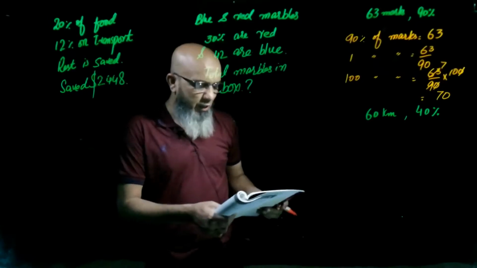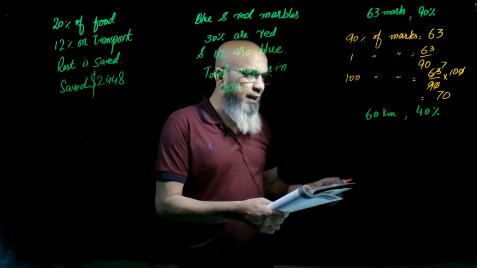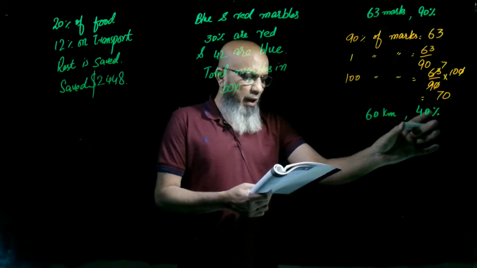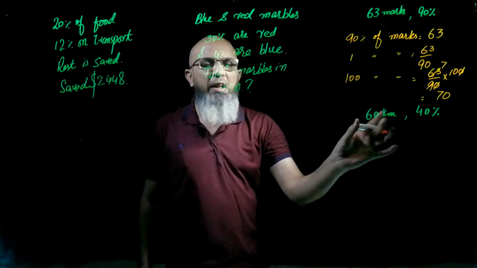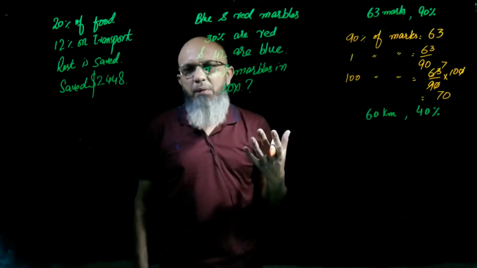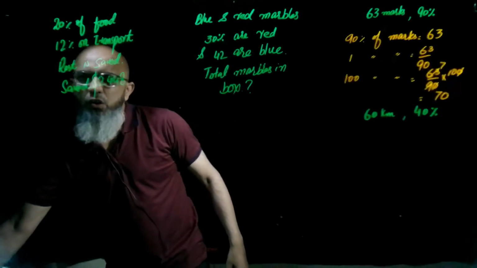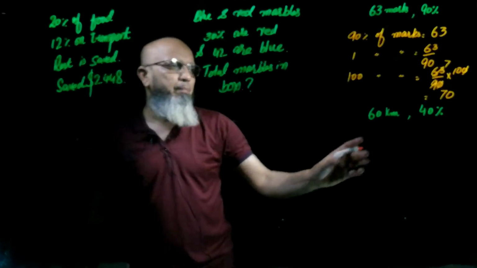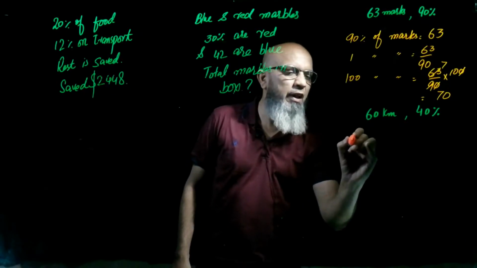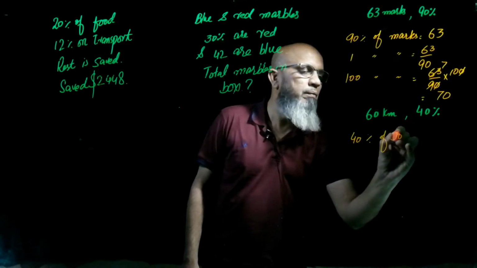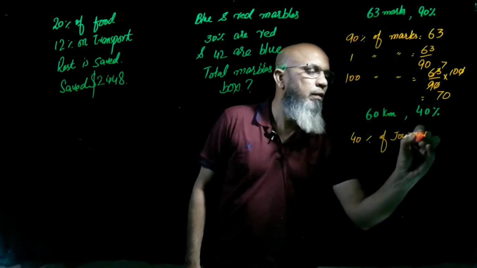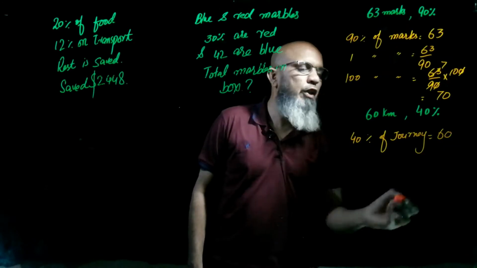Come to the next one: after traveling 60 kilometers, a bus covered 40% of its journey, means 40% of the journey is 60 kilometers. What will be the total journey? So how can you solve? Similarly, what is 40% of the journey? 40% of the journey, that is 60 kilometers.